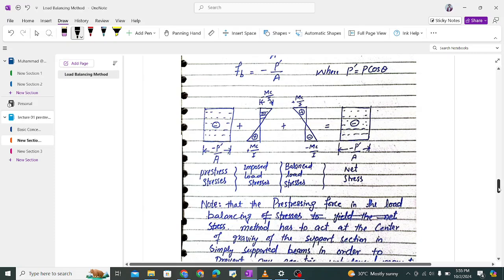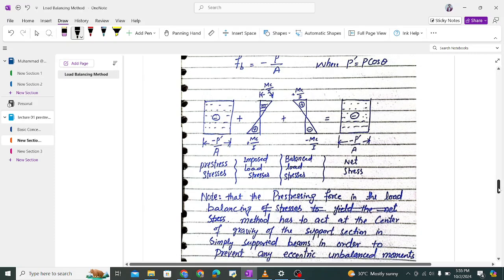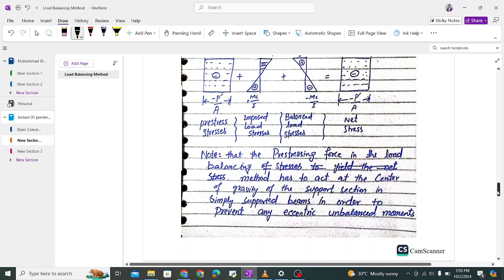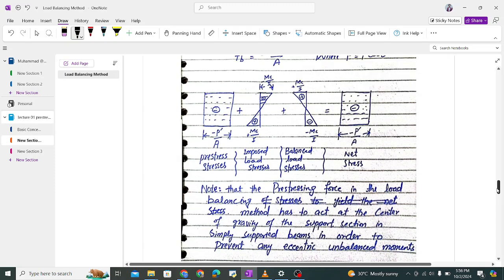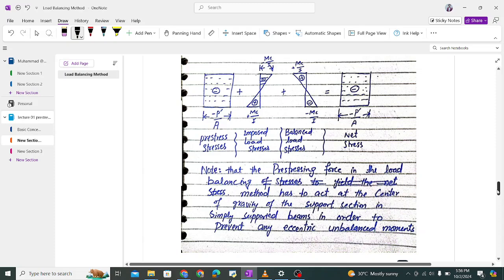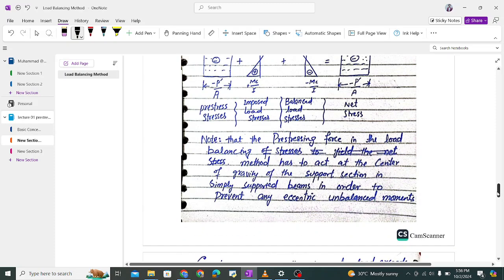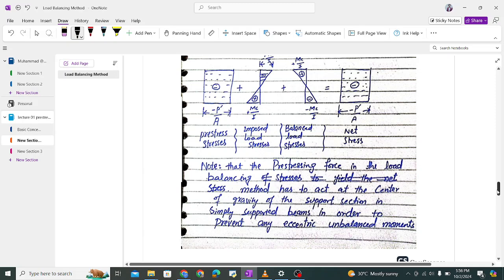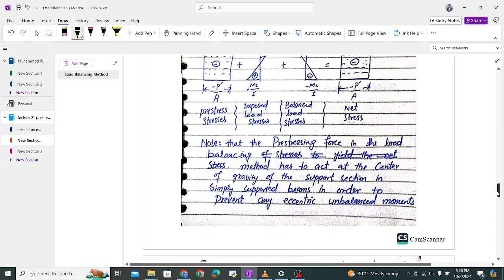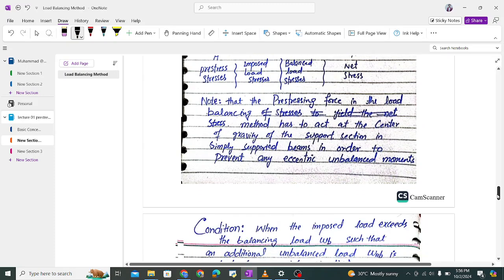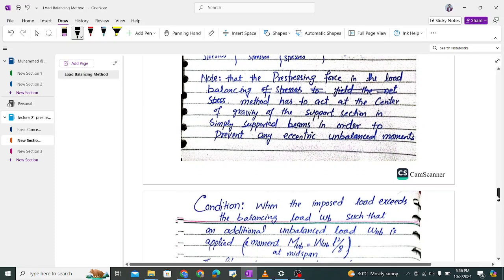Note that the pre-stressing force in the load balancing method has to act at the center of gravity of the support section in simply supported beams in order to prevent an eccentric unbalancing moment. Definitely, yes, we have to apply the pre-stressing force along the CGC line to prevent the eccentric unbalancing moment. We don't want eccentric moments, so we have to apply the pre-stressing force along the CGC line.